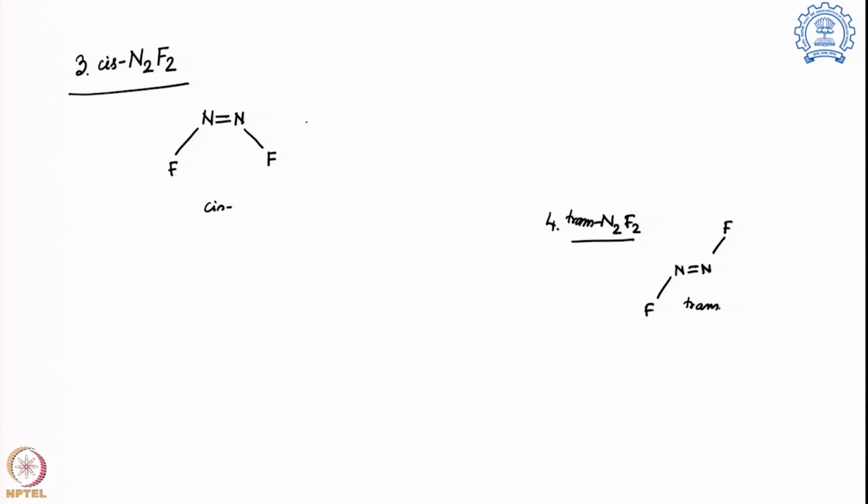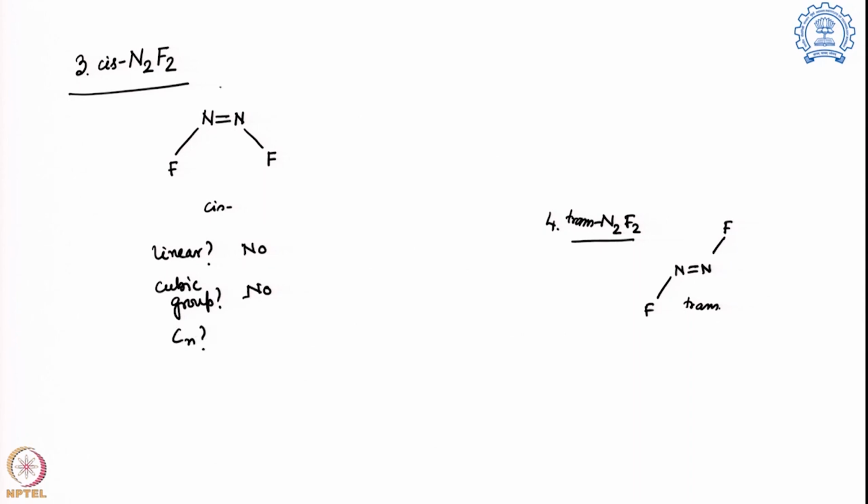Again, the questionnaire is very much similar. Are you linear? The answer is no. Next question is, do you belong to any cubic group? The answer is no. What is the Cn present in this molecule?